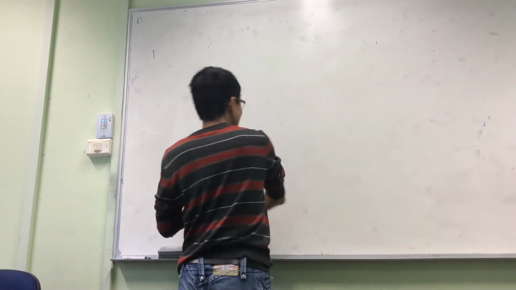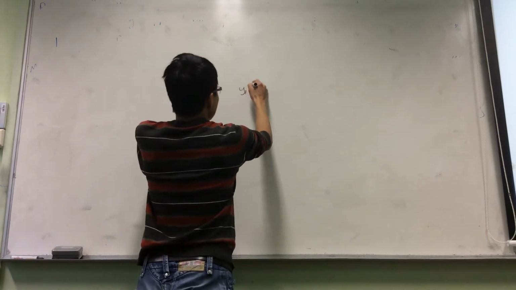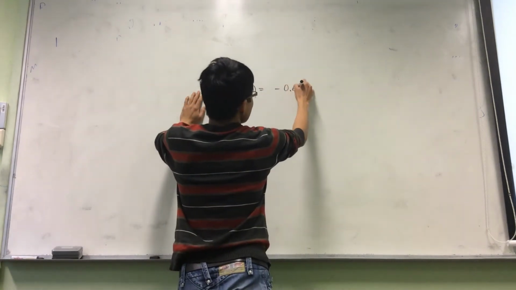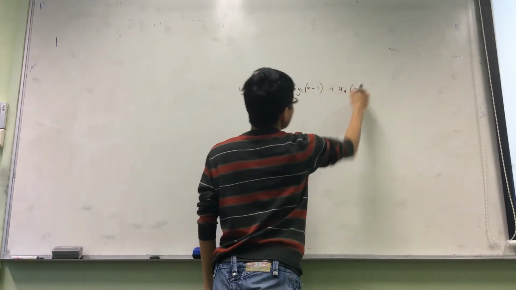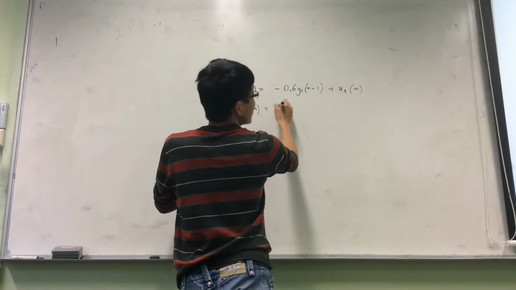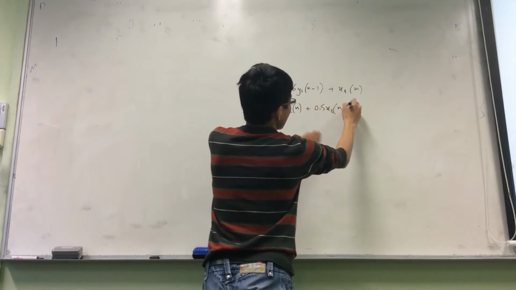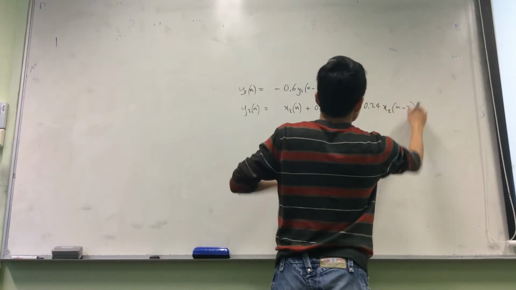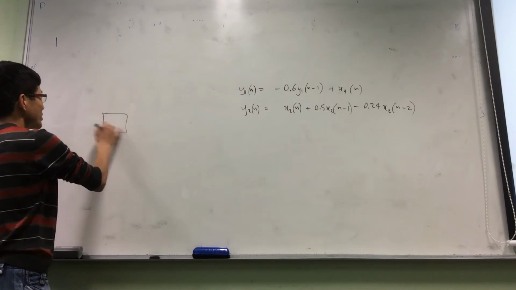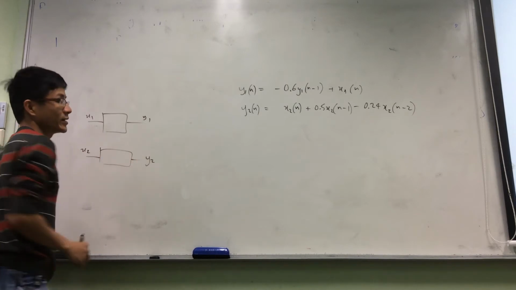We give you 2 separate equations: y1[n] equals minus 0.6 y1[n-1] plus x1[n], and y2[n] equals x2[n] plus 0.5 x2[n-1] minus 0.24 x2[n-2]. So you have 2 separate systems like this one: x1, y1, and another one, x2, y2.